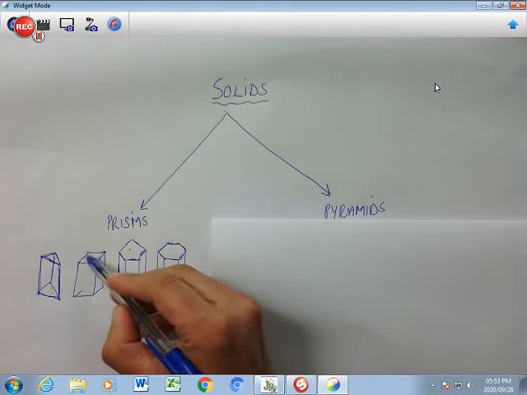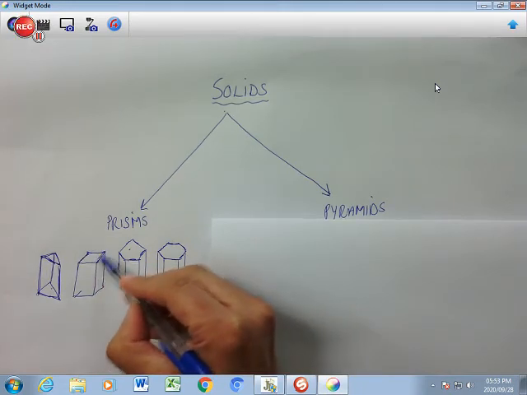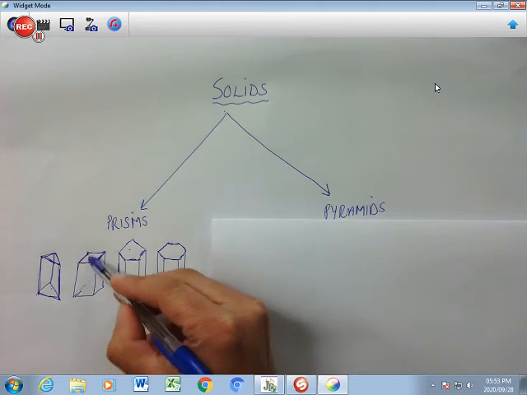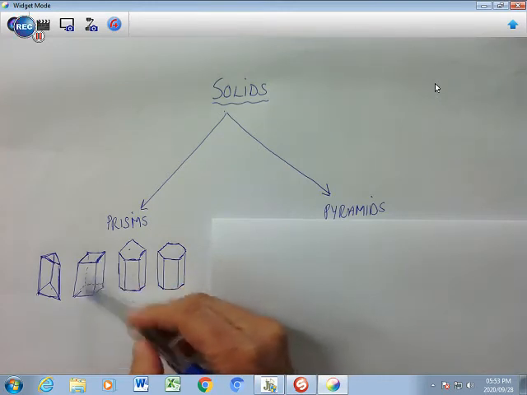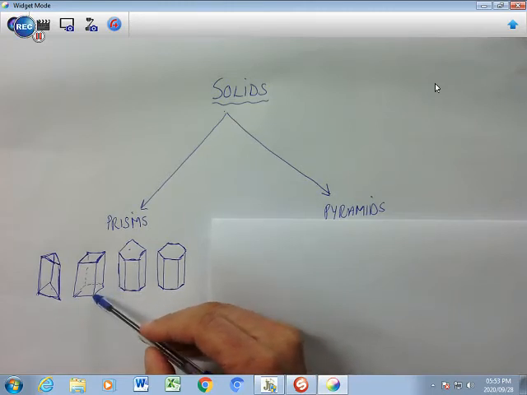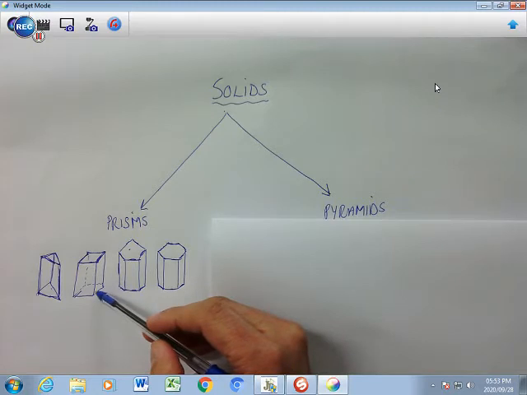Here we have a square as a base at the bottom and a square base at the top, and we call that a square prism. We can also have it in the form of a rectangular shape, which becomes a rectangular prism.